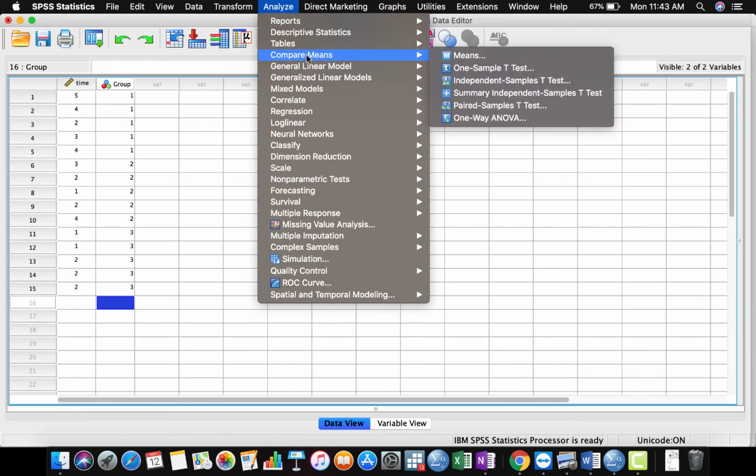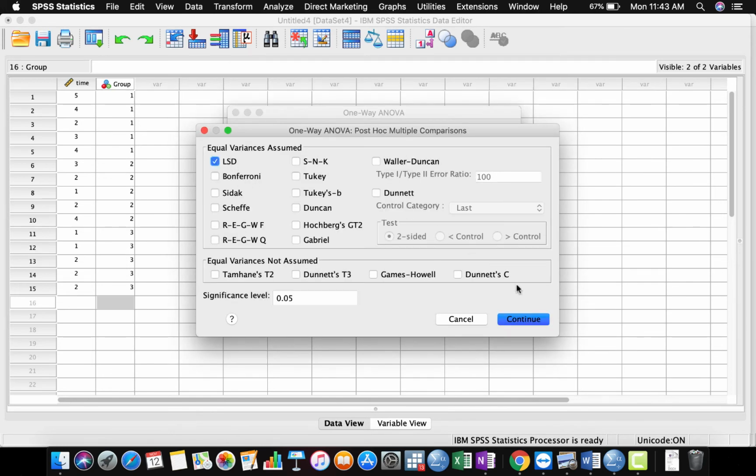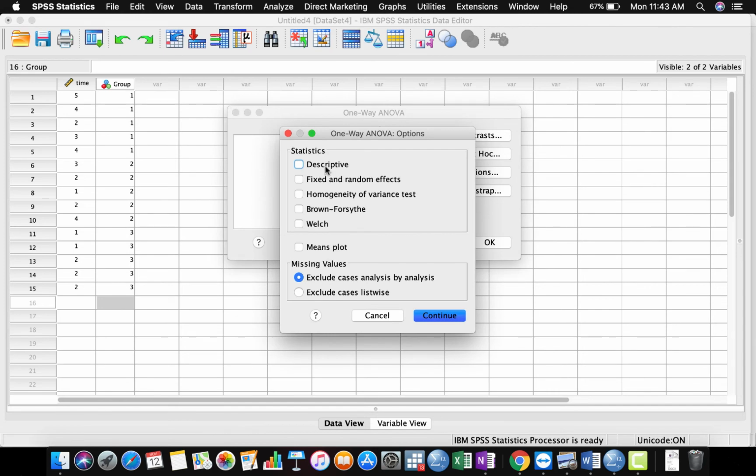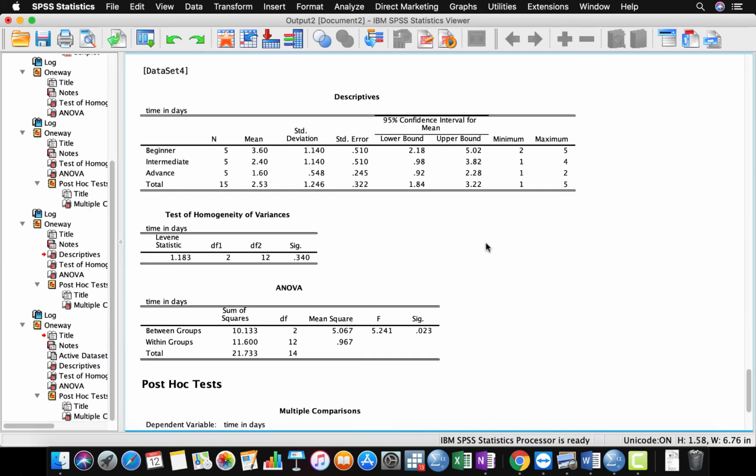The analysis is simple and the same as before. Just go to analysis of variance. Time is dependent, and group is the factor. Let's choose LSD, descriptive, and homogeneity of variance, and click OK. We're going to get the same result as given in example number 40.